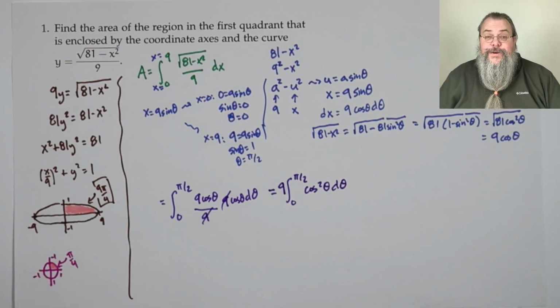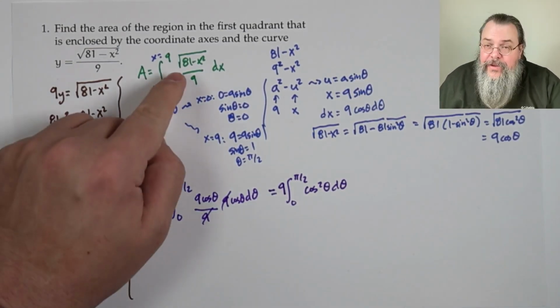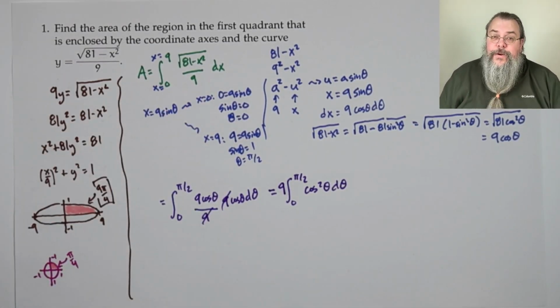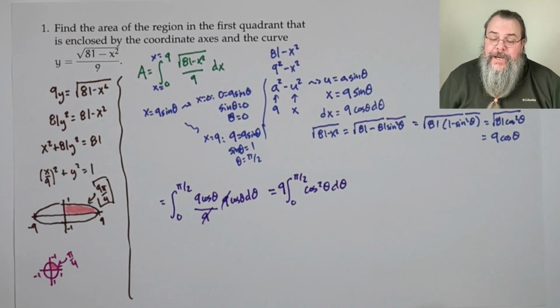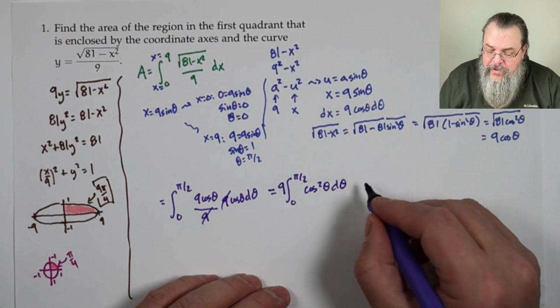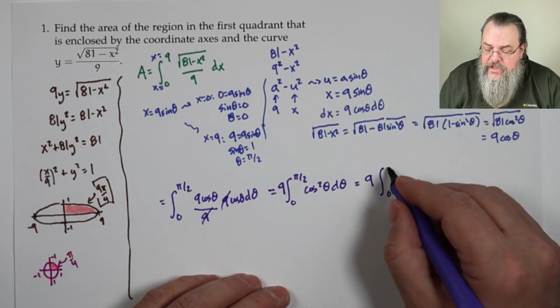Good. Progress, progress. Now, this looks mildly intimidating, and this not so bad. Well, why? Well, we have ways to integrate trig functions. At least we have ways to integrate some trig functions. So what's the integral of cosine squared? Well, to do that, we say, hey, we can do power reduction.